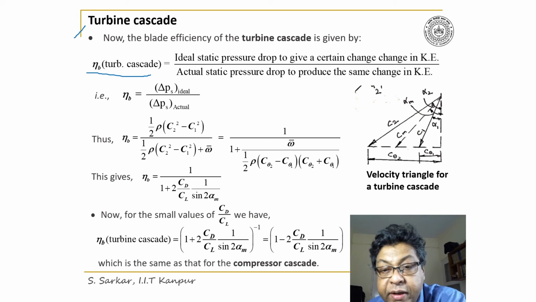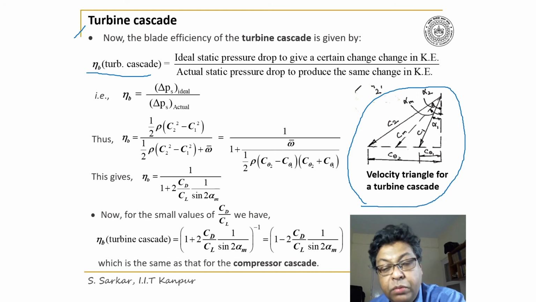Here I have indicated the velocity triangle. Now we are aware the flow will accelerate as it passes through the turbine cascade. The C2 will be higher than C1, and thus alpha 2 will be greater than alpha 1 that I have shown here.